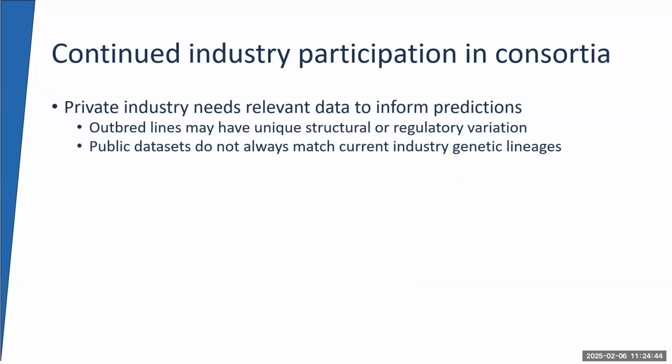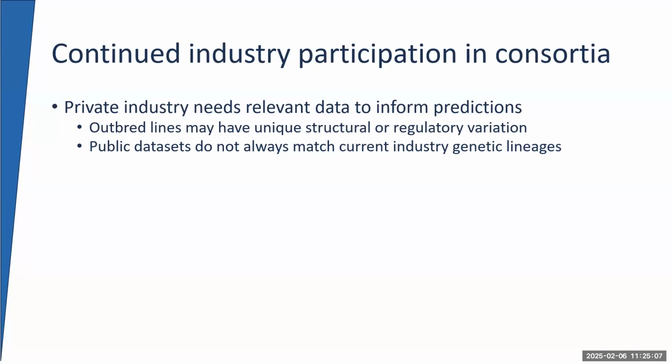For private industry, we benefit quite a bit more when the resources generated as part of these consortia are applicable to our breeding lines. To give you an example, some of the chicken reference genomes that have been produced are on broiler lines, whereas at Hendrix Genetics we have a laying hen line, which has many different genomic features.